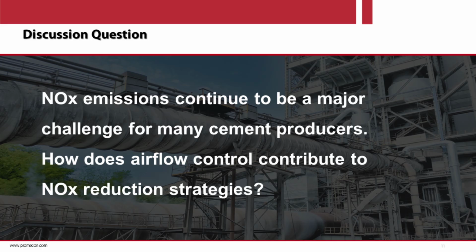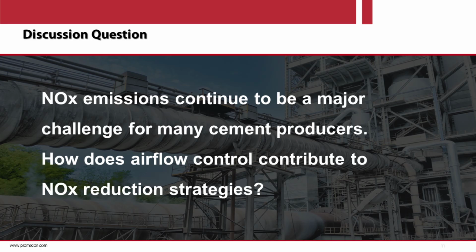You're right, Ravi. This is really a complex question, and it's hard to address in short words. But let's say it like this: the majority of the NOx that is produced in a cement plant, especially the thermal NOx, is produced in the main burner. It's not produced in the calciner.